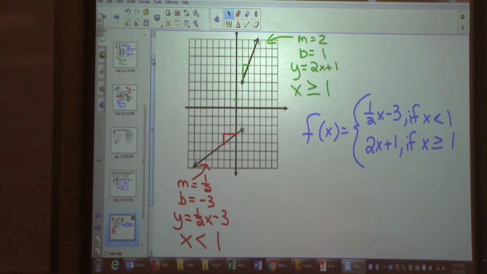What's our slope in this one? You good? Good? Good at this table? Yep. Good here? You good? Sure? Questions?